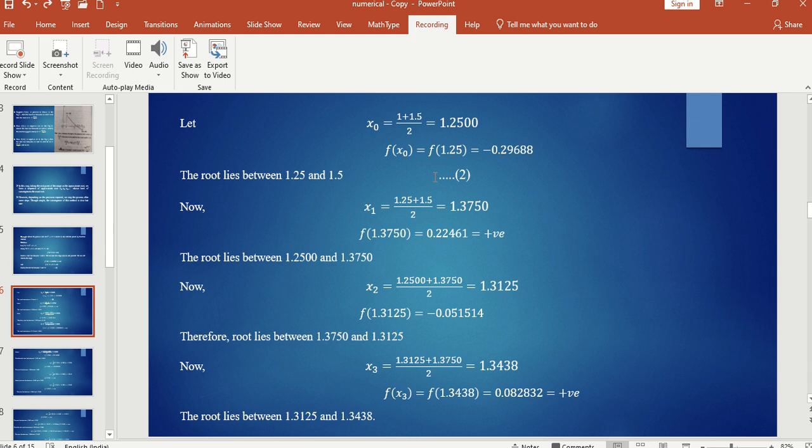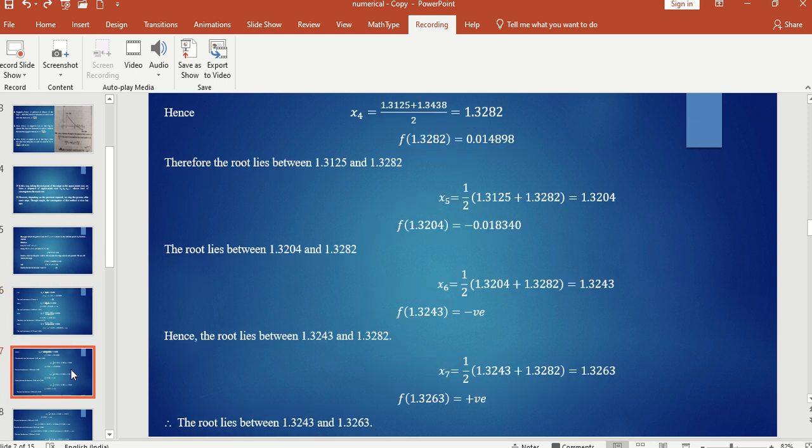So continuing in this way, we will see that x6 is 1.3243 and x7 is 1.3263. So this root is correct up to 2 decimal places. In general, we consider 4 decimal places. So we can move on to the next iteration.